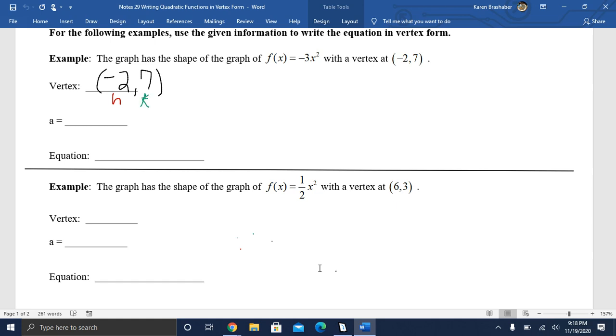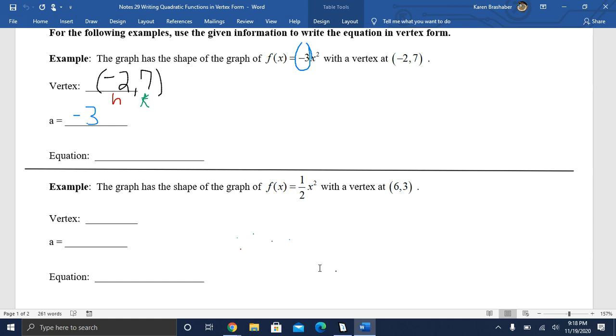The a value is often hard to determine from just looking at the graph. So in the problems that we're asking you about, the a value will somehow be given to you. So they want you to use an a of -3 and then to write your equation.